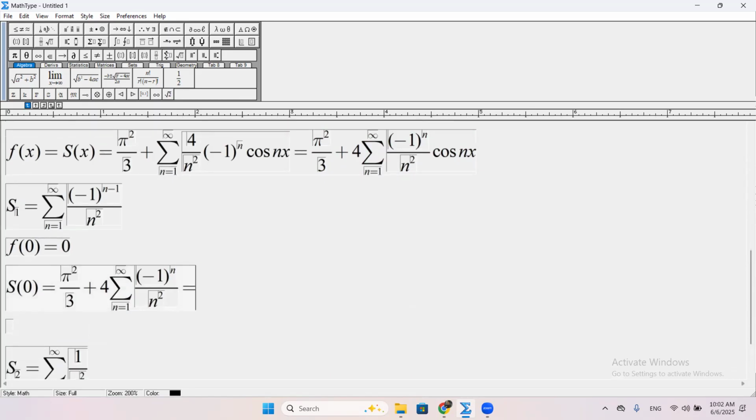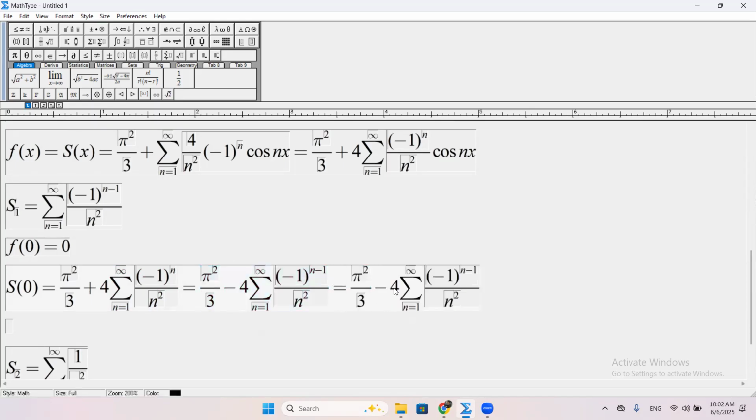Then, continuing transforming it, we need to receive the series S1 instead of this series. I moved the minus out over the series, and it will be equal to p square over 3 minus 4 S1.